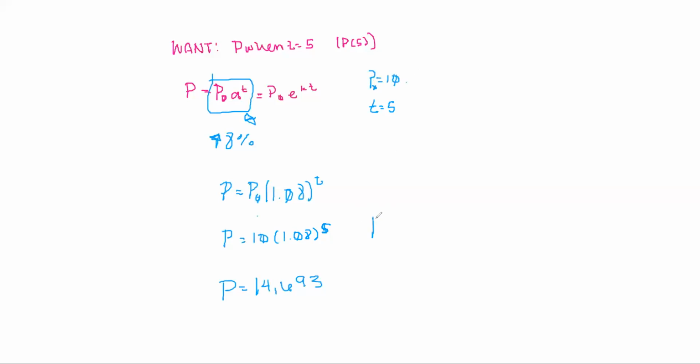And then my answer was 14.693, which is a decimal, and I said this is in thousands, so it would be 14,000. Yeah. All right. Sorry. I shouldn't make shortcuts like that.